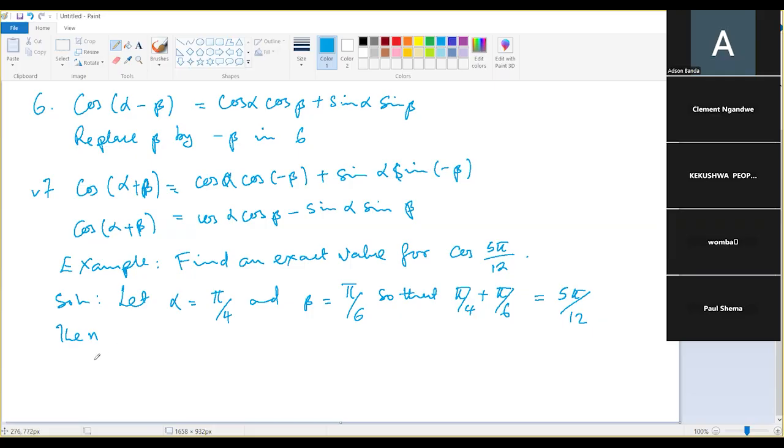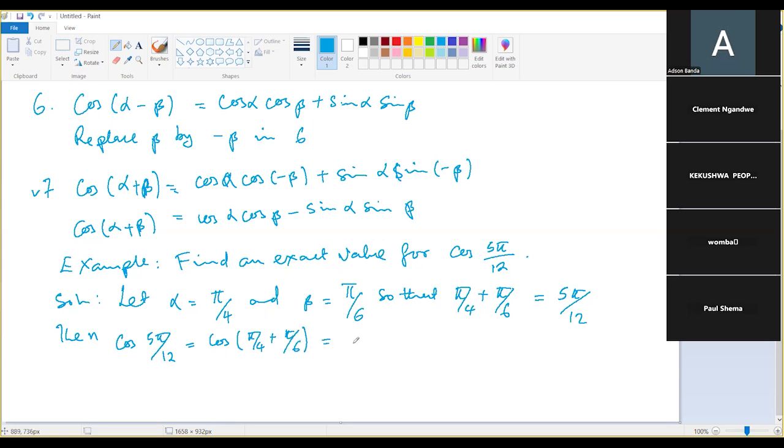So in this case, we are looking for the cosine of 5 pi by 12. And so we saw that this is the cosine of pi by 4 plus pi by 6.